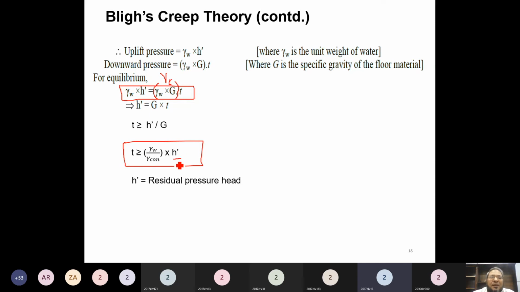So if the uplift pressure head is 1 meter, then the thickness of concrete floor required is 0.42 meter. Is it okay? Yes, sir. हाँ, तो ये 42% याद रखें, 42%. अगर pressure head 2 मीटर है, then how much would be the thickness of concrete floor required? 0.84 meter, है ना? And so on.